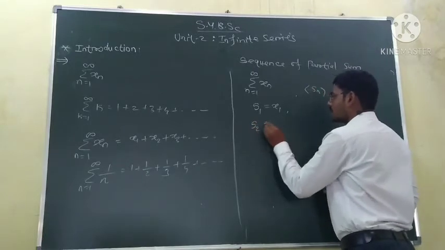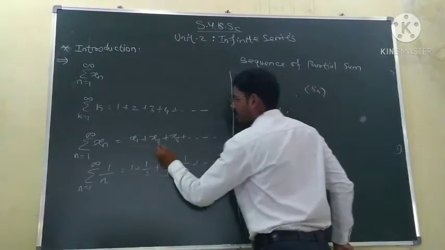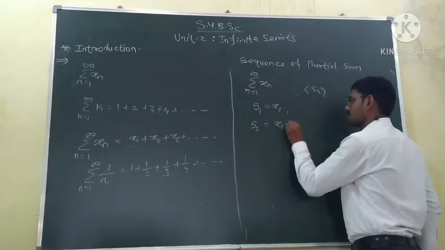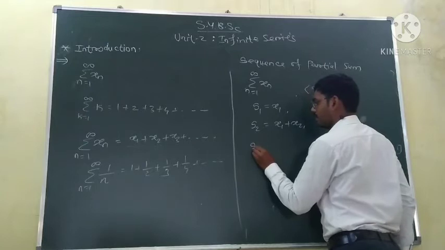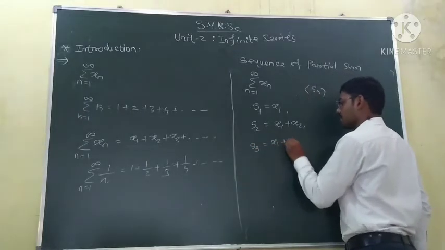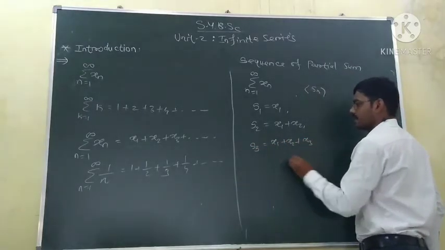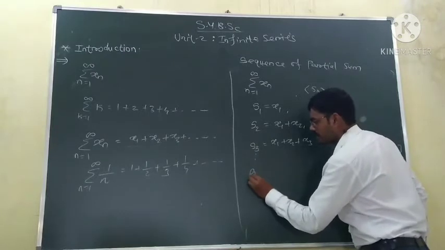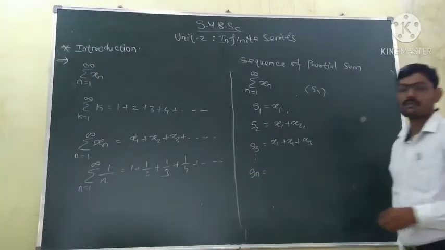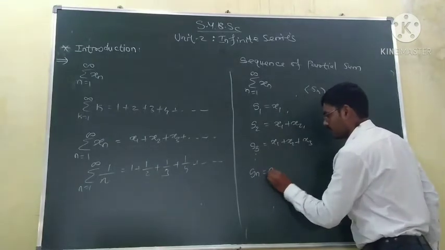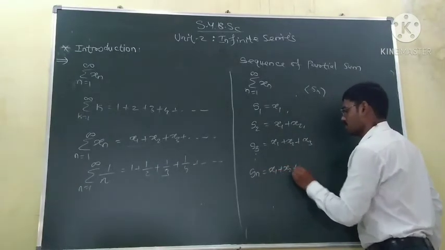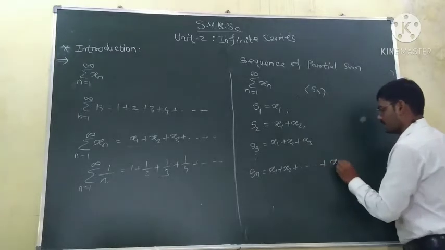The second term will be x1 plus x2. The third term, s3, will be x1 plus x2 plus x3. Continuing in the same way, the nth term of the sequence will be the sum of the first n elements: x1 plus x2 up to xn.